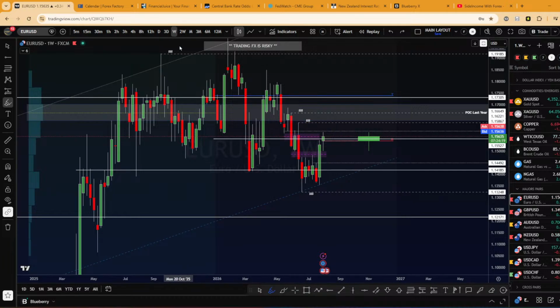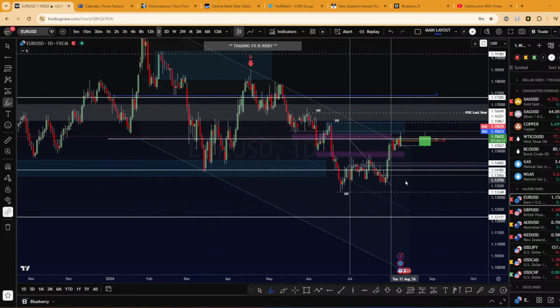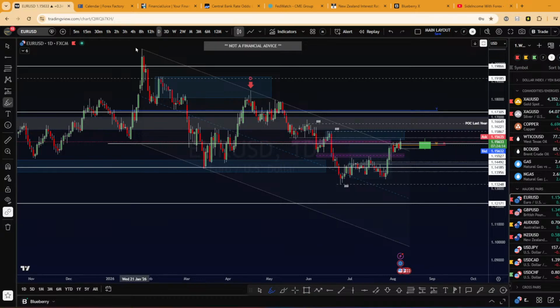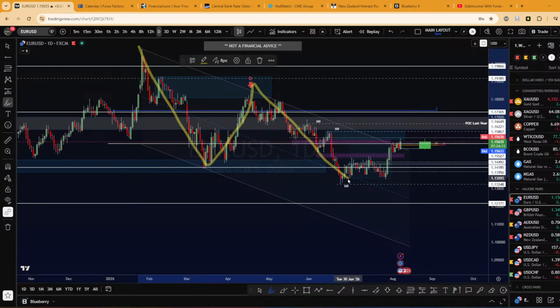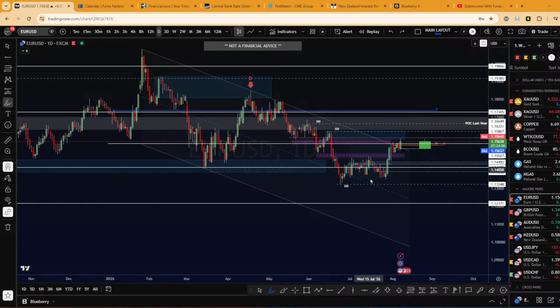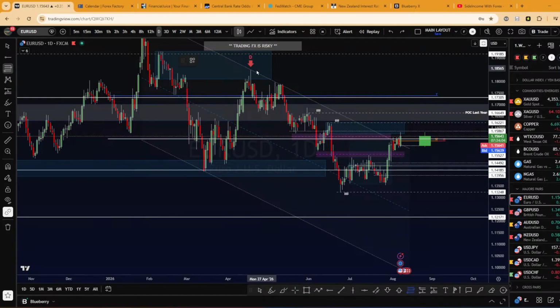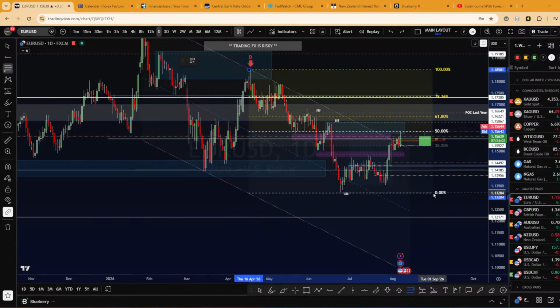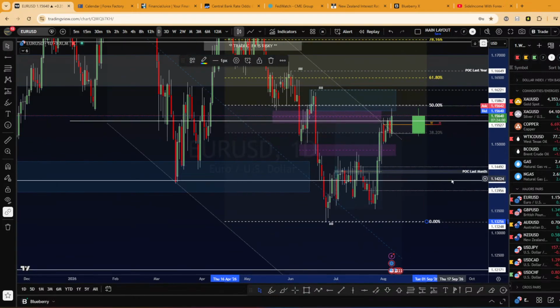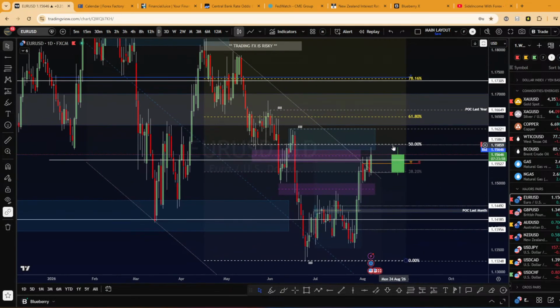Why? Because if I put in the daily, this is the structure on daily. So, excuse me, a retracement around the 50%, I think. If I measure this, we are pretty much almost at the 50%.